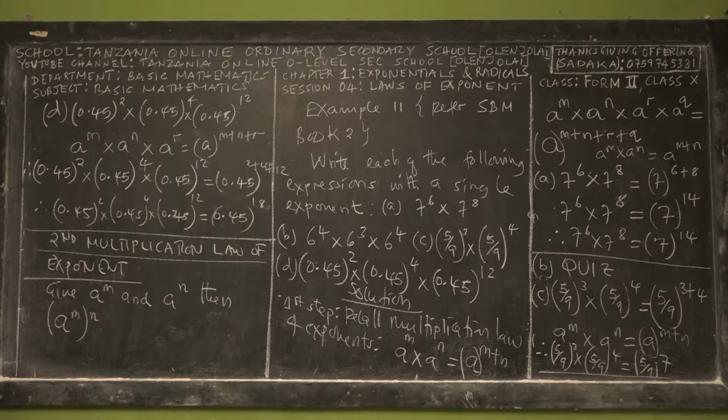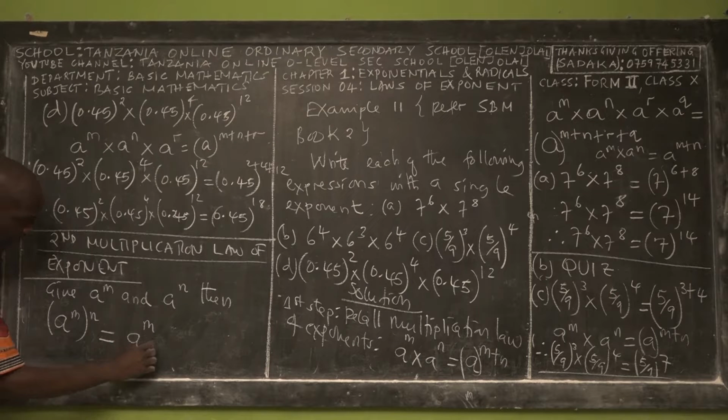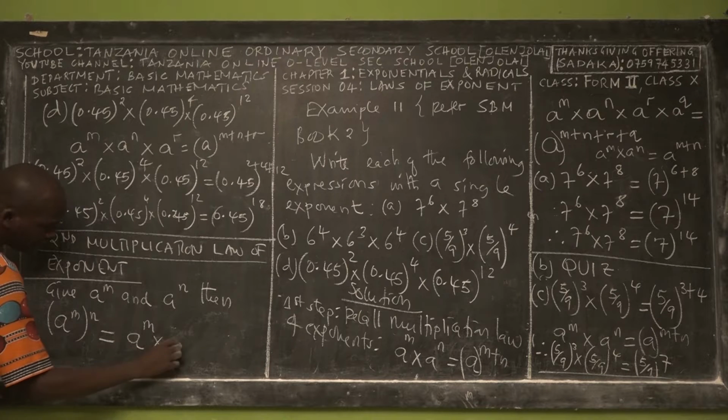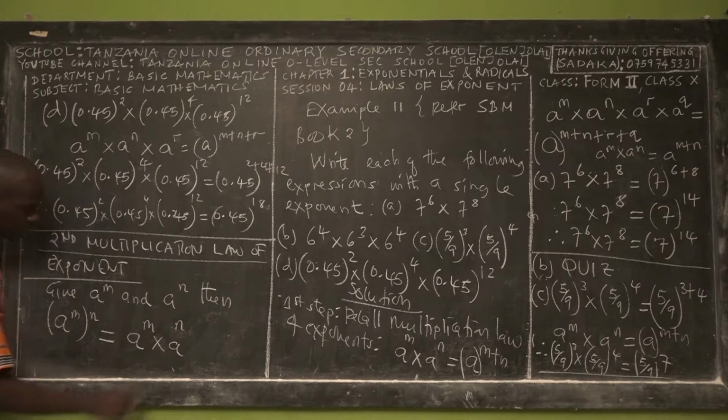For example, 4 power 3 in brackets, power 4. How are we going to deal with this? The law states that if you have a power m, then outside of the bracket another exponent n, we might think this is a power m multiplied by a power n.